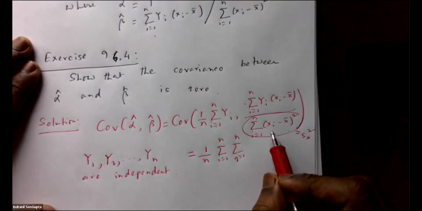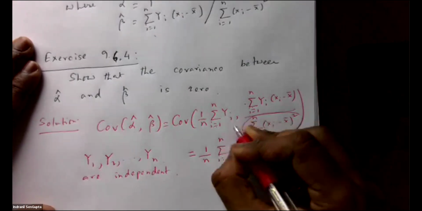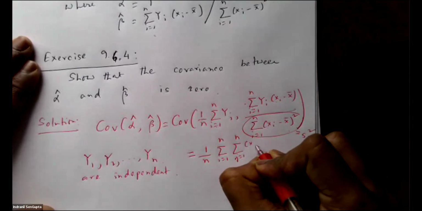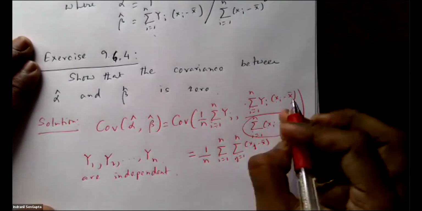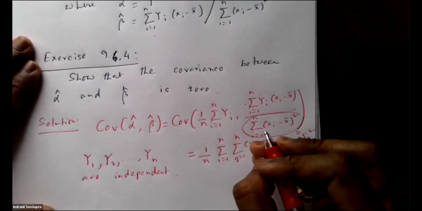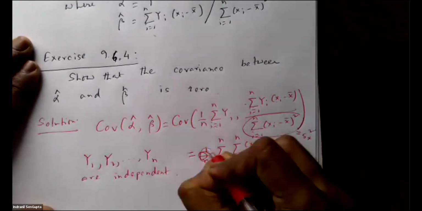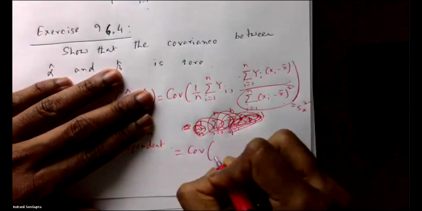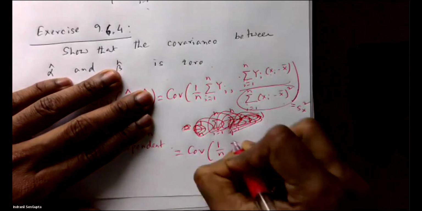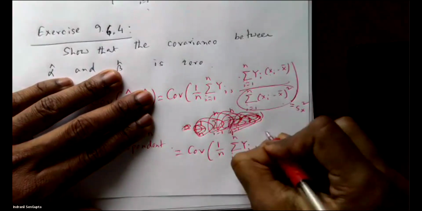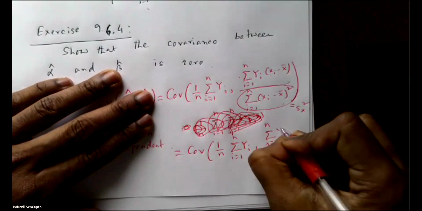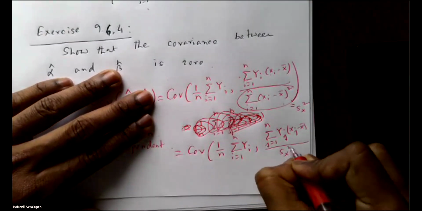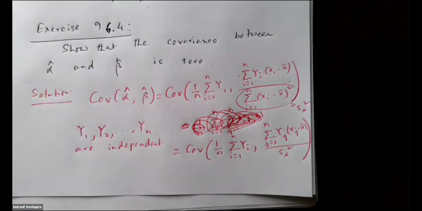Because if I give you the values of x1, x2, xn, this is known. All these indices are changed to j. Let me just write it in clearer terms. So this is the covariance of 1 over n summation i from 1 to n yi, and, moving this to the j index, summation j from 1 to n yj (xj minus x bar) over sx squared. That's a given number. Okay.